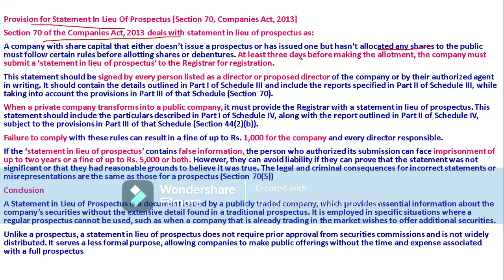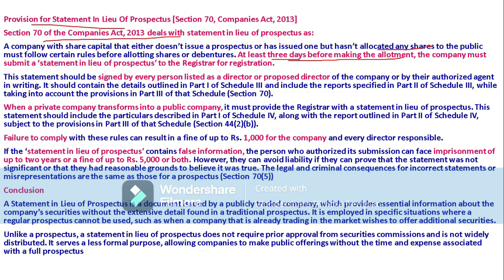So at least 3 days before making the allotment, the company must submit the statement in lieu of prospectus to the ROC for the registration process. At least 3 days before making the allotment, because allotment should be made to each and every investor in the company.